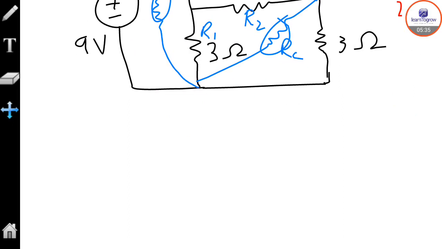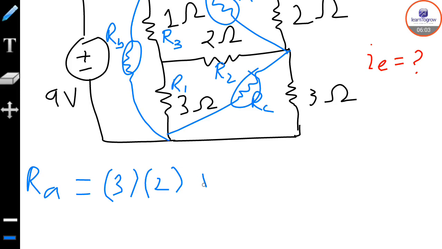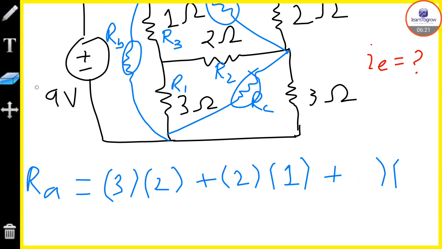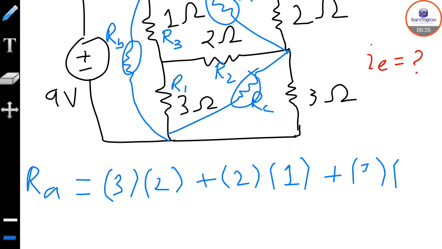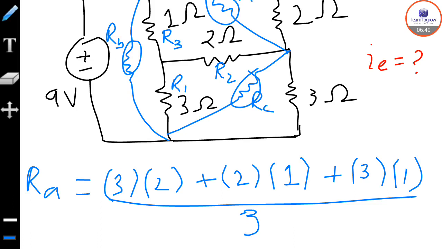According to our formulas, for RA, we will put the values of R1, R2, plus R2, R3, plus R1, R3, divided by R1.